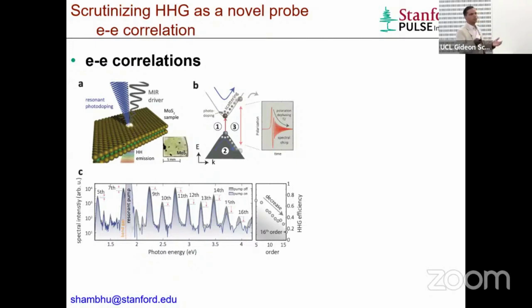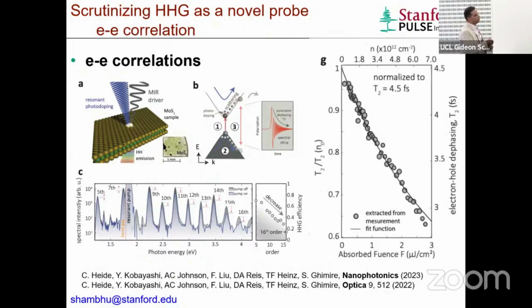But if you disrupt this coherence by putting extra carriers in the conduction band, then what we observe is that the harmonic signal reduces. So this experiment was indicating that when you introduce more carriers in the conduction band, you increase the electron-electron interactions, and you subsequently kill the coherence between the driven electron and hole, and that gives rise to this decrease. Not only is there a decrease in harmonic intensity, but there is also a harmonic order dependence on this decrease.